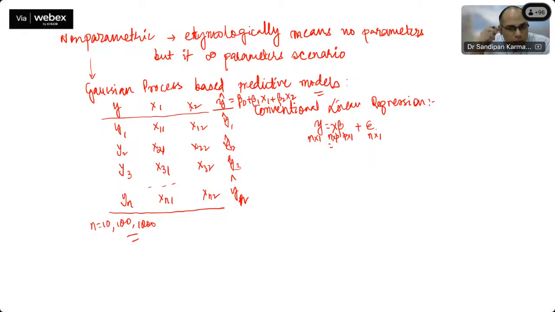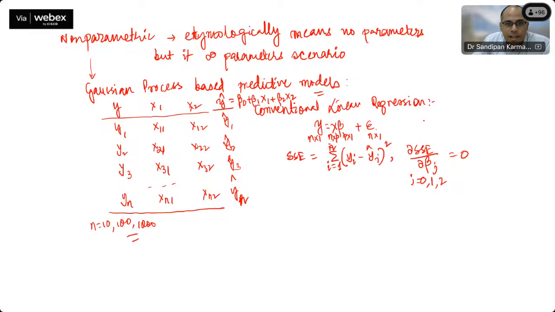Now we are finding the sum of squared error, that is SSE. SSE is the summation from i equals 1 to n of (yi minus yi hat) whole square. We want to minimize this SSE with respect to beta j, for j equals 0, 1, 2, and equating it to 0, we find the solution.